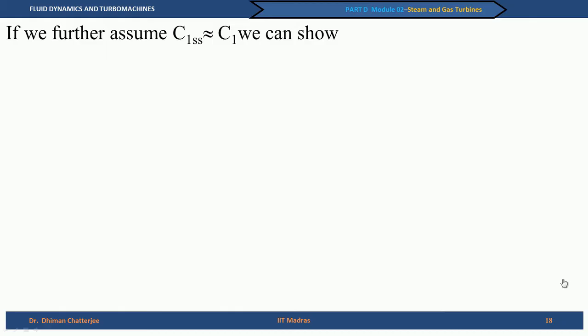And if we further assume that C1SS is almost equal to C1, you know that they are not exactly same. Why? Because densities are not same, and if we have to say the same mass flow rate as we have discussed earlier, then C1S is not equal to C1.